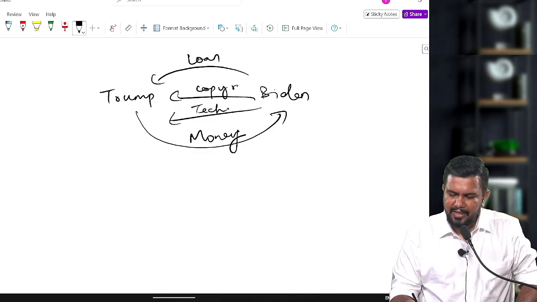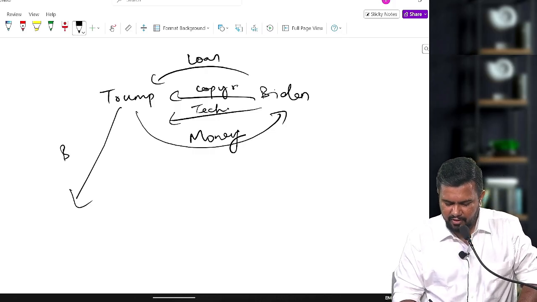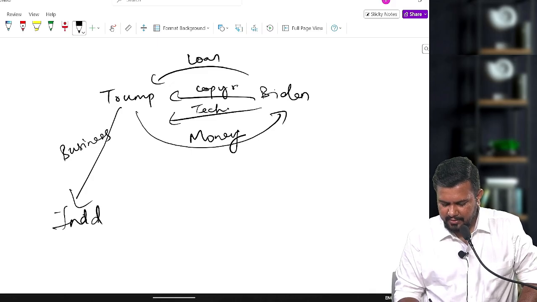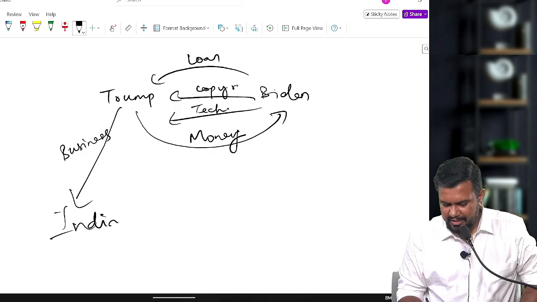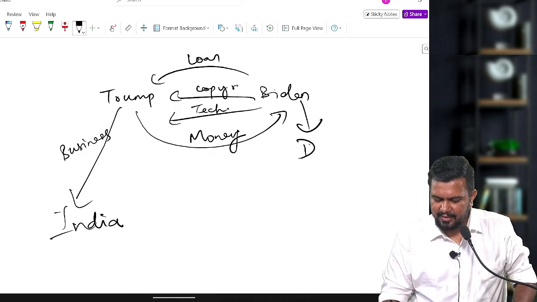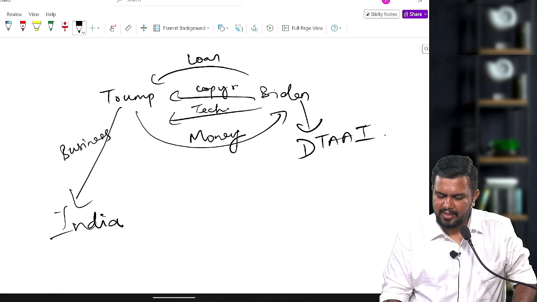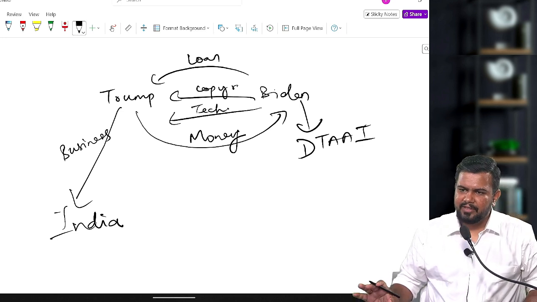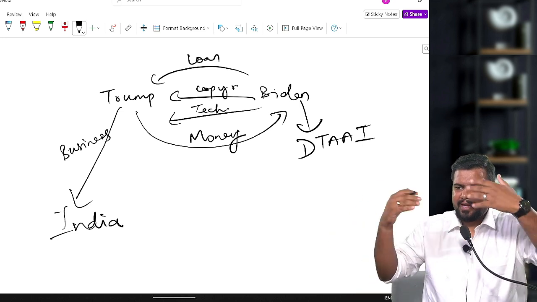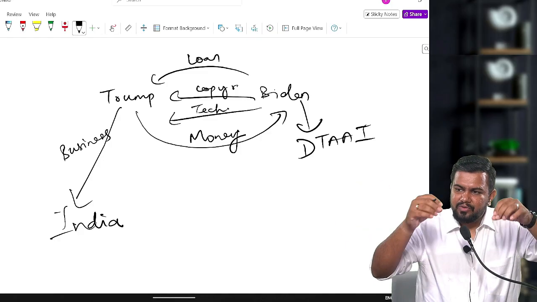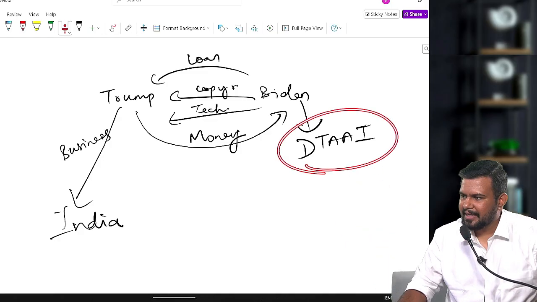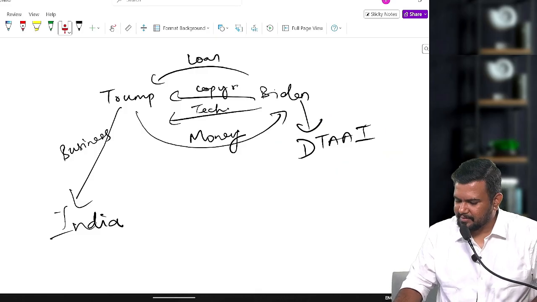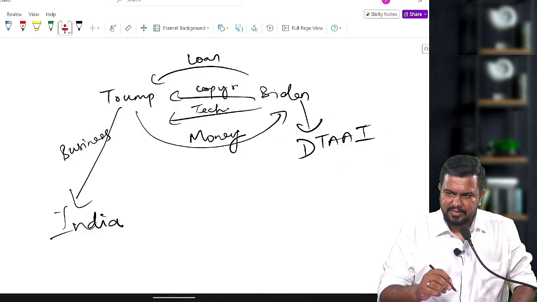Now this loan, copyright, or technical service, if he is using for business in India, then in the hands of Biden, whatever amount is received will become deemed to accrue or arise in India. Purida? Trump is paying to Biden, but Trump is using it for business in India. In such case, in the hands of Biden, it will become taxable.